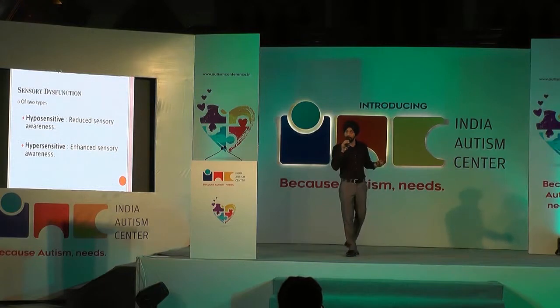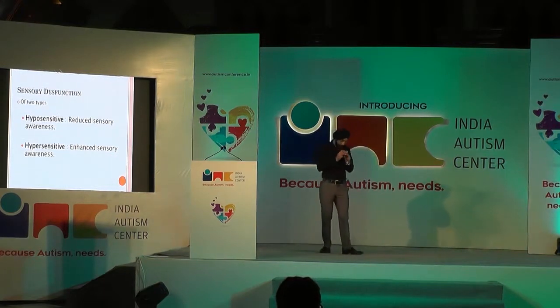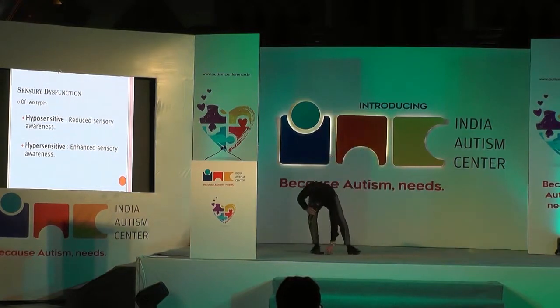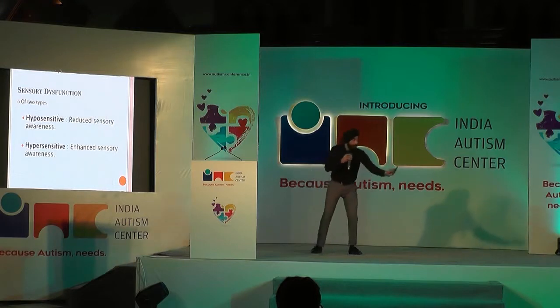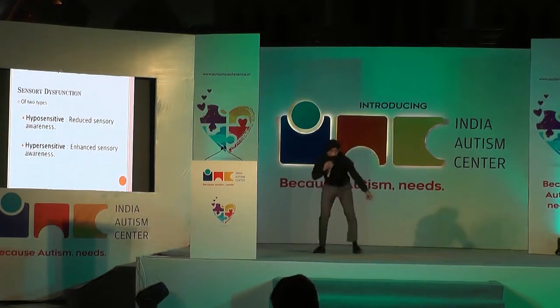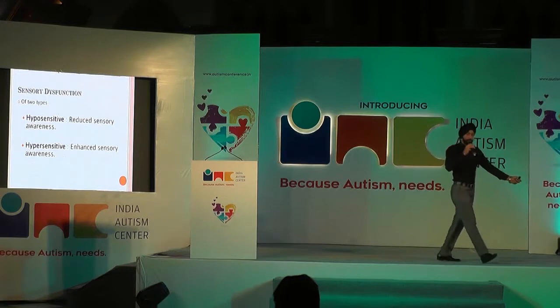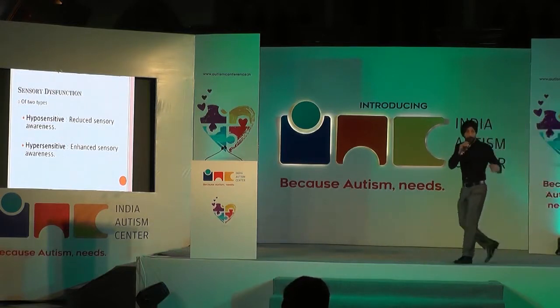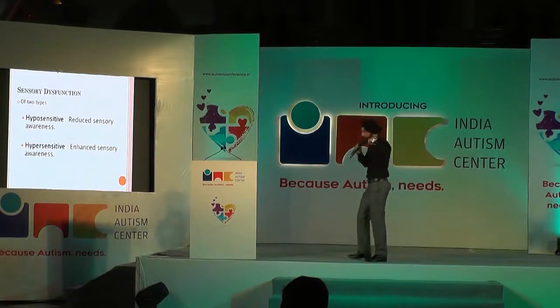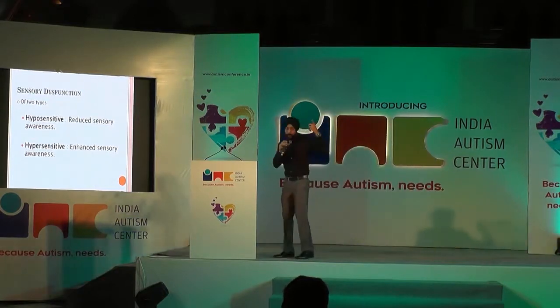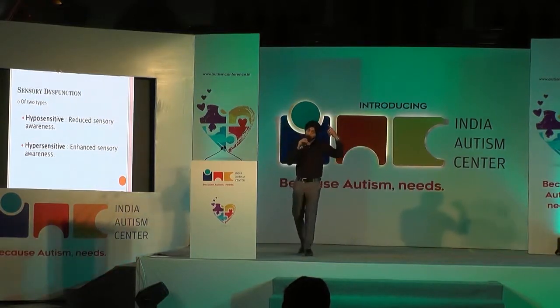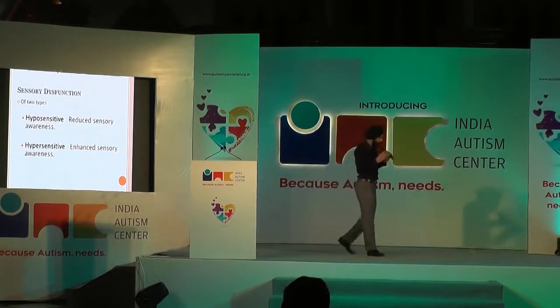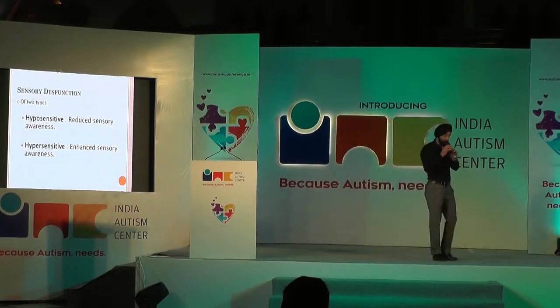Why do they do that? Just because they don't want to keep their brain at rest. They always want to keep their brain working, and so they keep on seeking sensory input.